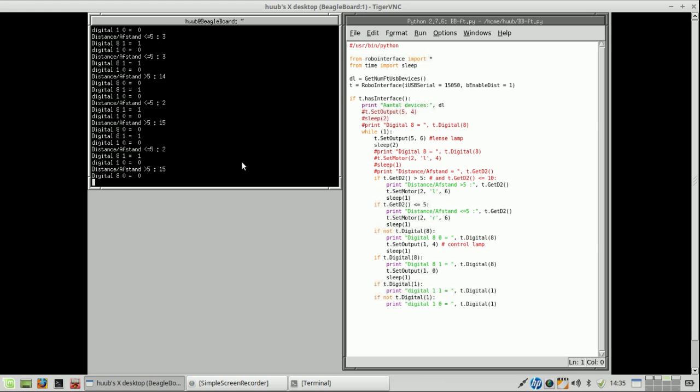How about the turnaround time of the propeller? Let's go measure that. 1, 2, 3. 1, 2. 1, 2, 3, 4. And that is at the side of the sonar.